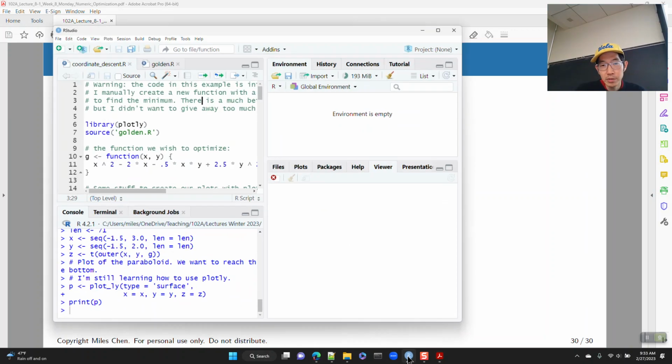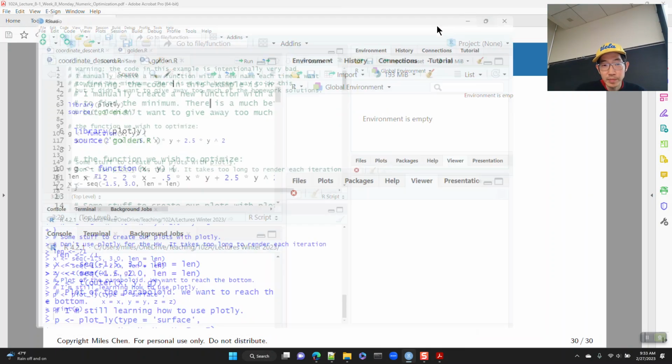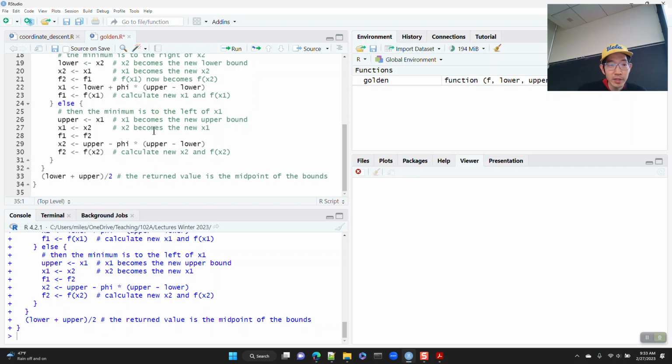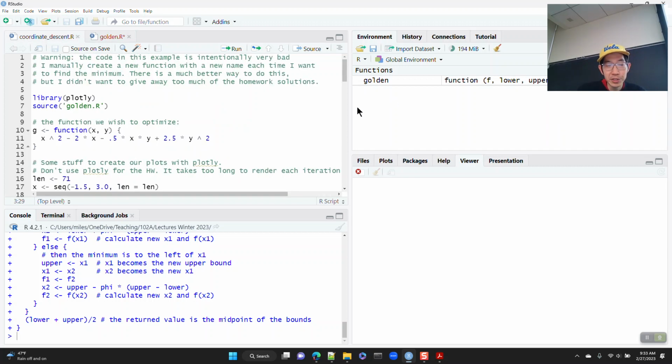Okay, so I have golden section search loaded up here. And so I can call golden. If I create a function f of x, and we're going to say x squared minus 0.8 times x, okay?